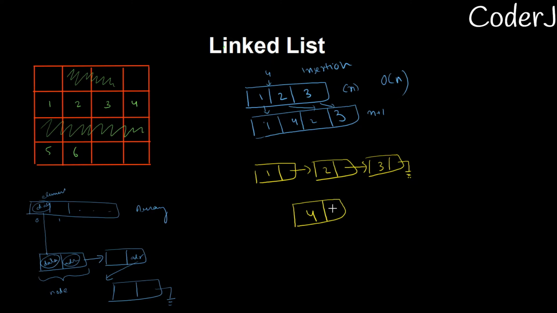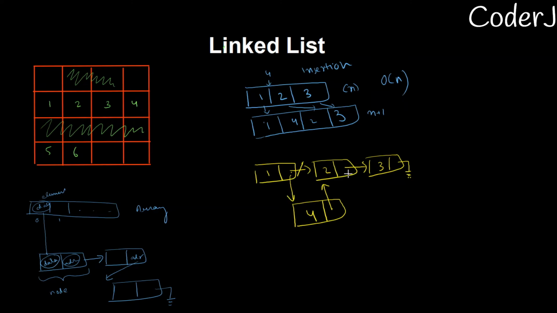You'll make your 4 point to 2. This is your address. You'll store the address of 2 in here, and after that you'll make your 1, instead of pointing to 2, point to 4. So after that it will become 1 4 2 and 3. This connection is broken because it can only store the address of one node, and now it's storing the address of 4. So after this your list becomes 1 4 2 3.